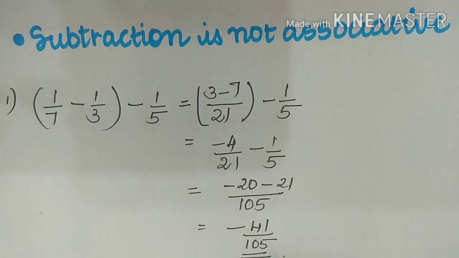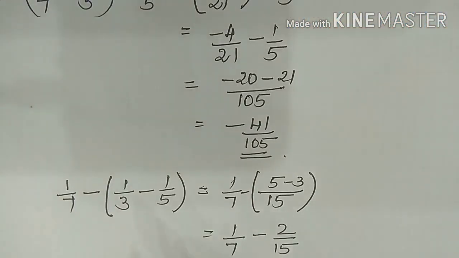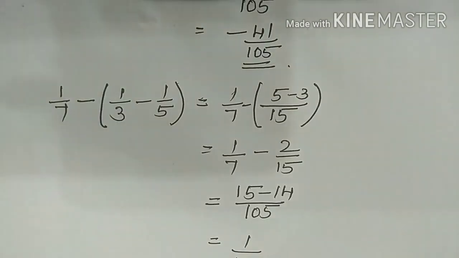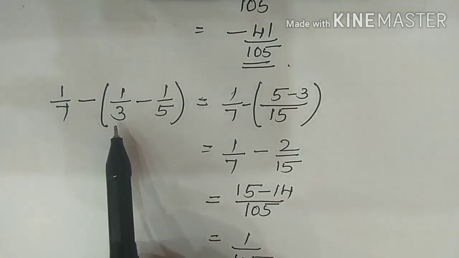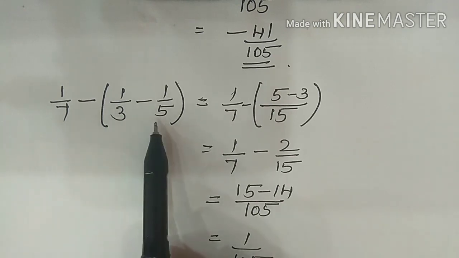Next we will be doing the same operation, whereas the order will be a little bit changed. So we're going to take the difference, changing the order. We'll group the second and third number in the bracket.